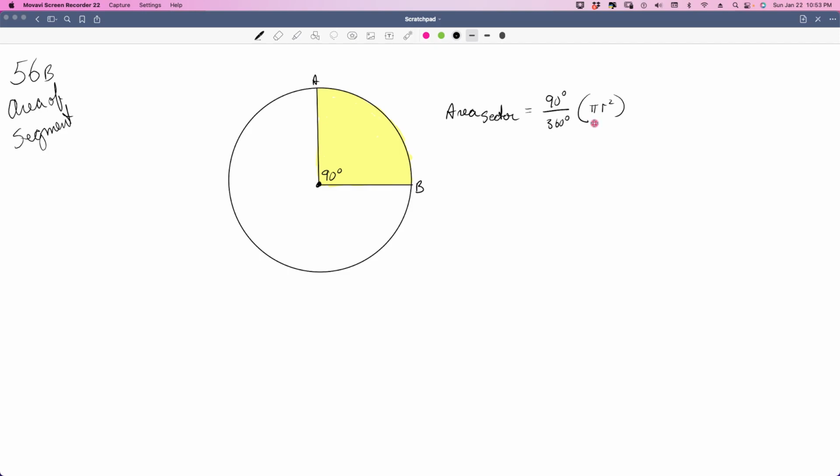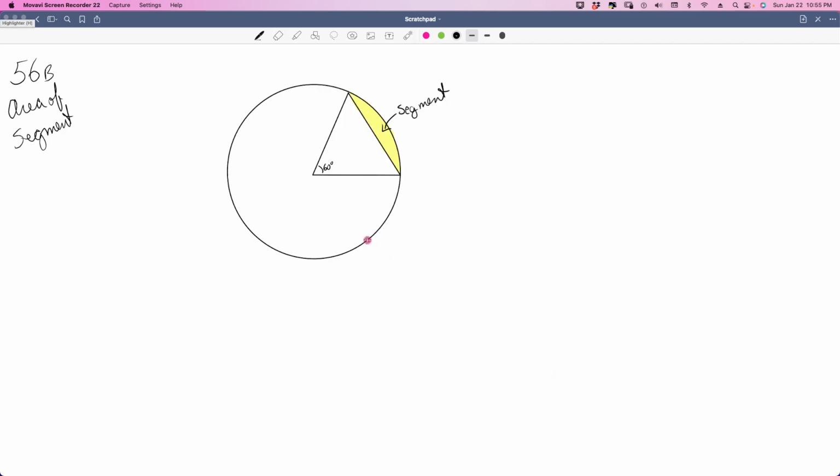Okay, so let me illustrate how we find the area of a segment. First, I'll tell you what a segment is. All right, so this is a segment. It's a lot easier to show you than explain it, but a sector of a circle is the central angle of a circle, and then there is a chord from this point to this point of the interior central angle.